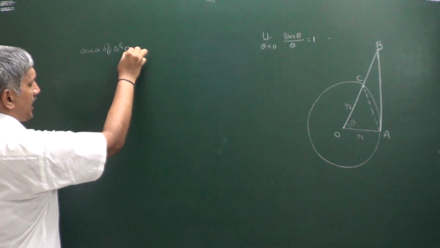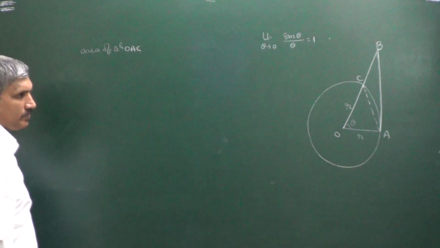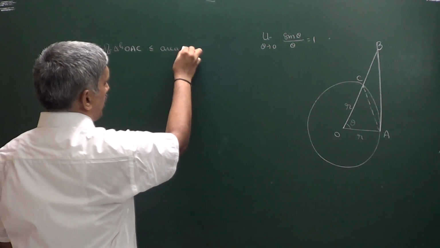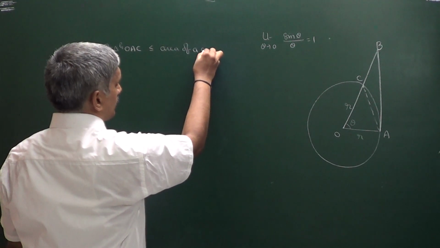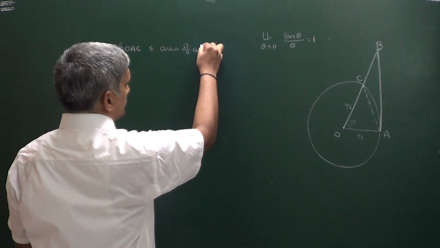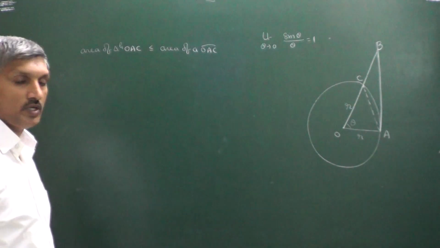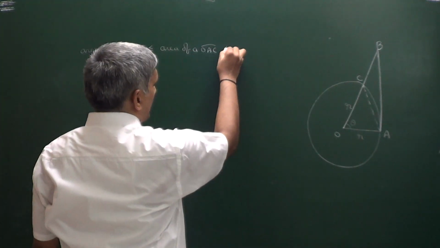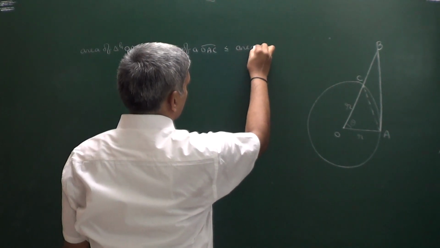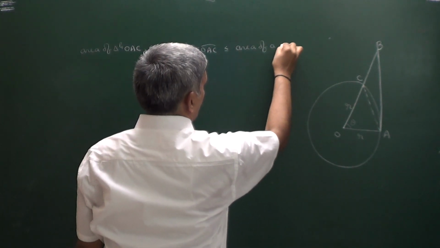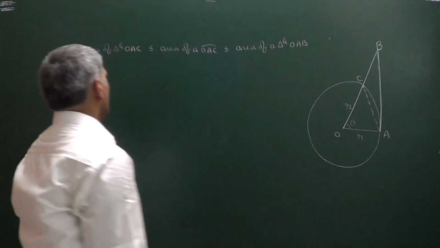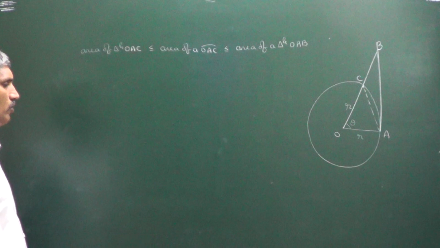Now area of triangle OAC is less than or equal to area of sector OAC, which is less than or equal to area of triangle OAB. So what is the area of triangle OAC?